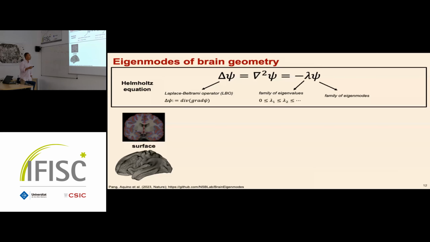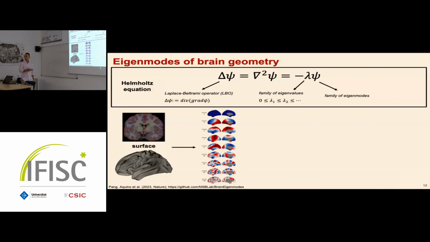So if you plug this surface into the definition of your Laplace-Beltrami operator, you will get a set of eigenmodes. Again, this is very typical of, say, the eigenmodes of a one-dimensional string. It's a very similar profile.